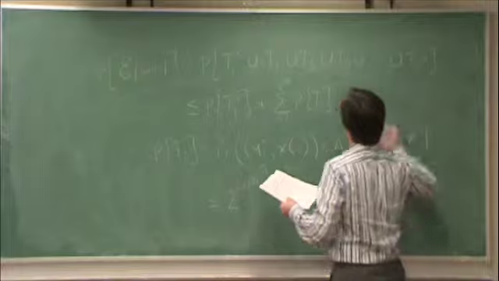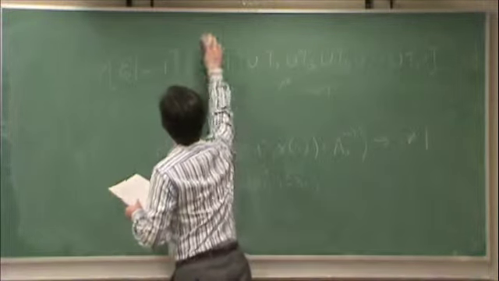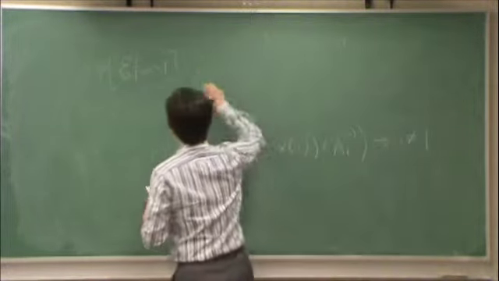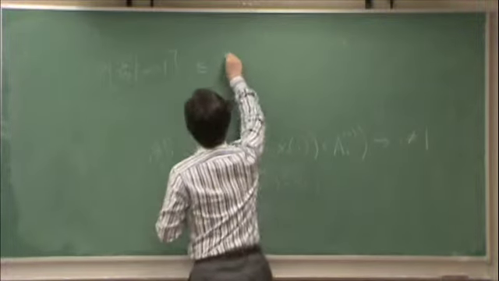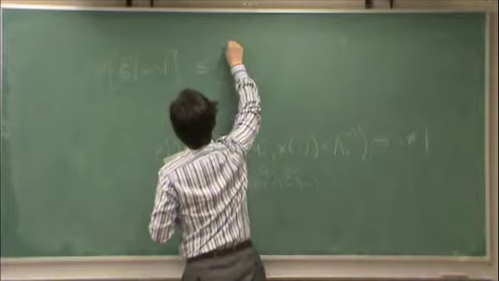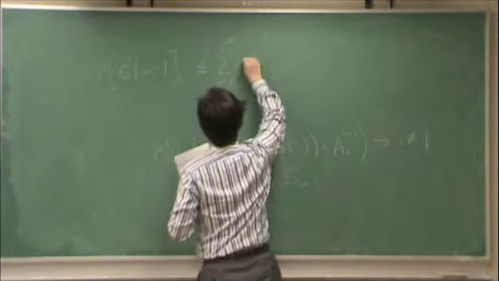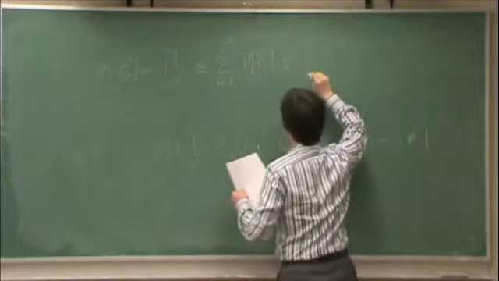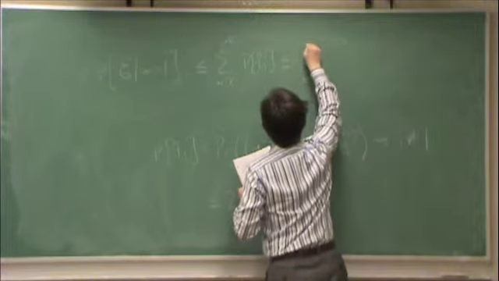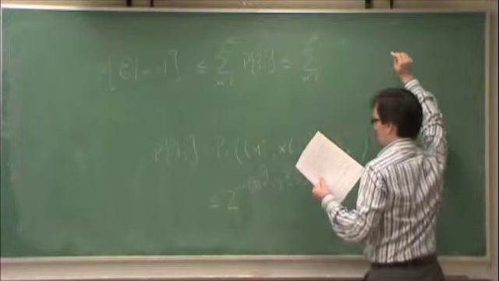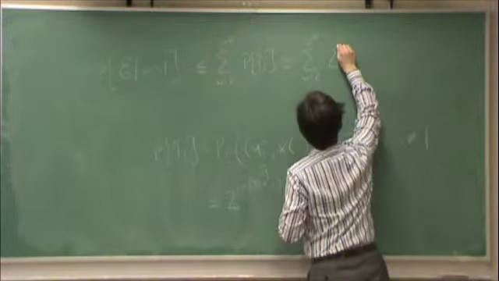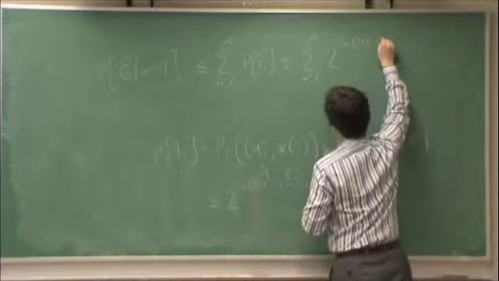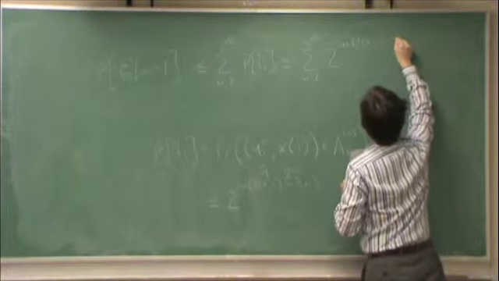So therefore, the probability of error given that code word 1 was sent is less than or equal to the sum from W equals 2 to 2 to the NR of the probability of Ti, which is itself less than or equal to the sum from W equals 2 to 2 to the NR of 2 to the minus n, I(X;Y) minus 3 epsilon.